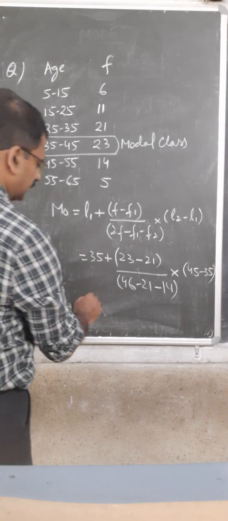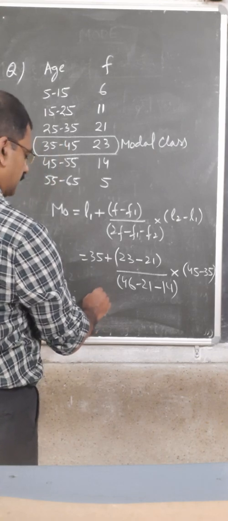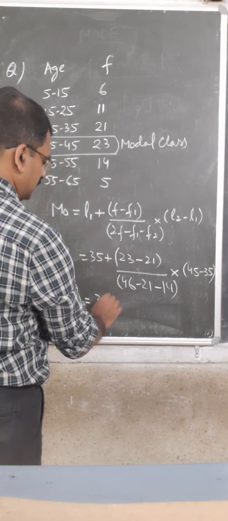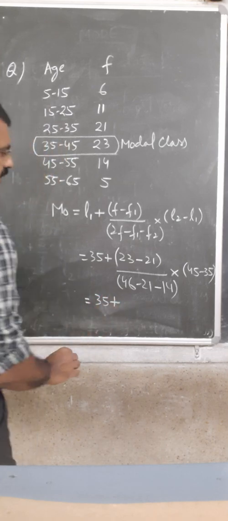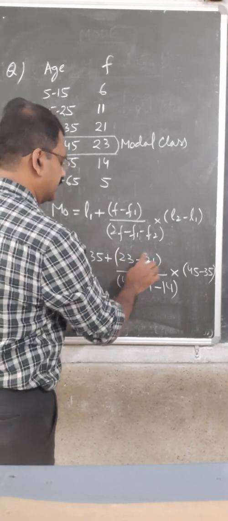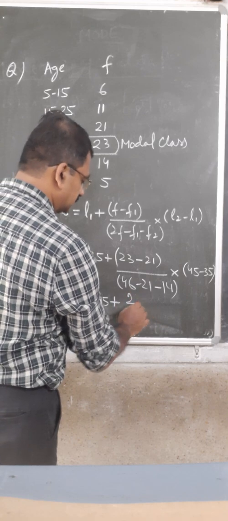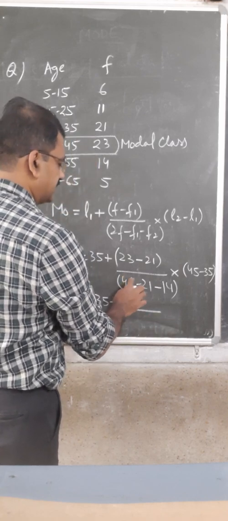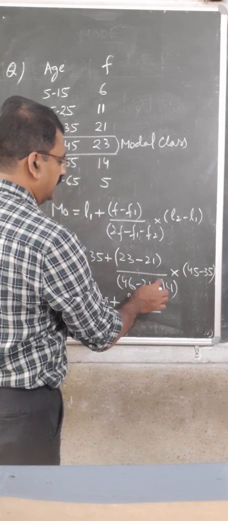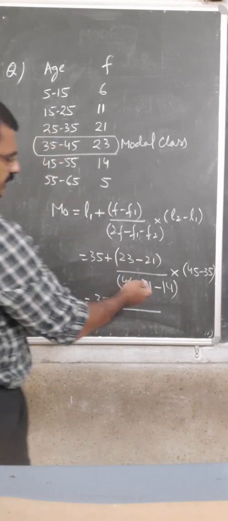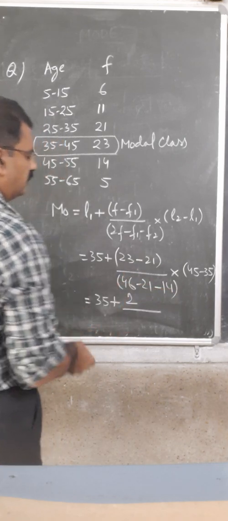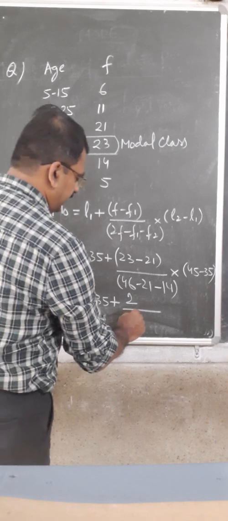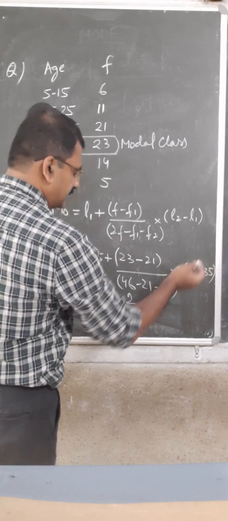Now 35 plus, 23 minus 21 is 2, upon 46 minus 21 minus 14. So 21 and 14 will be 35. 46 minus 35 is 11 and 45 minus 35 is 10.